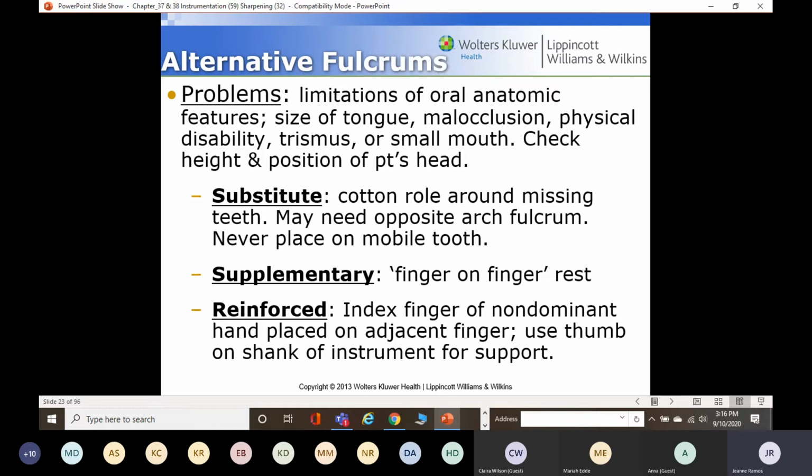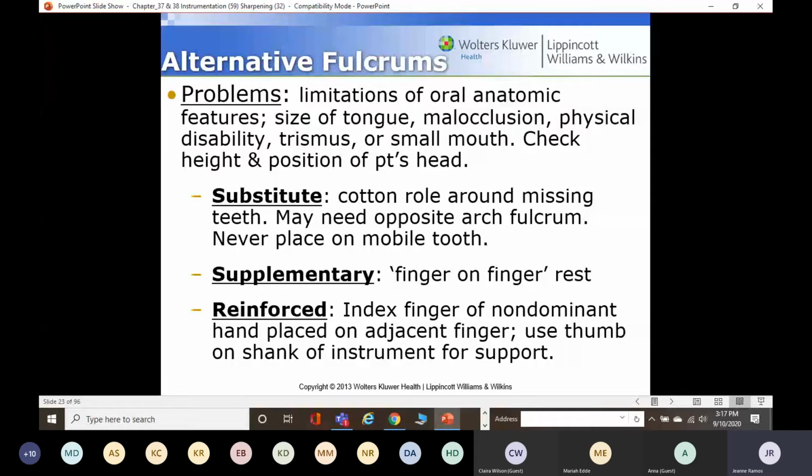You can have malocclusion, physical disability, trismus, where they can't open their mouth very wide, or someone with just a really small mouth, and it's hard to get in there. So you have to use some alternative fulcrums due to all these. Also, check the height and the position of the patient's head on your chair. Sometimes they can slide down or slide up a little bit, and that can make a big difference.